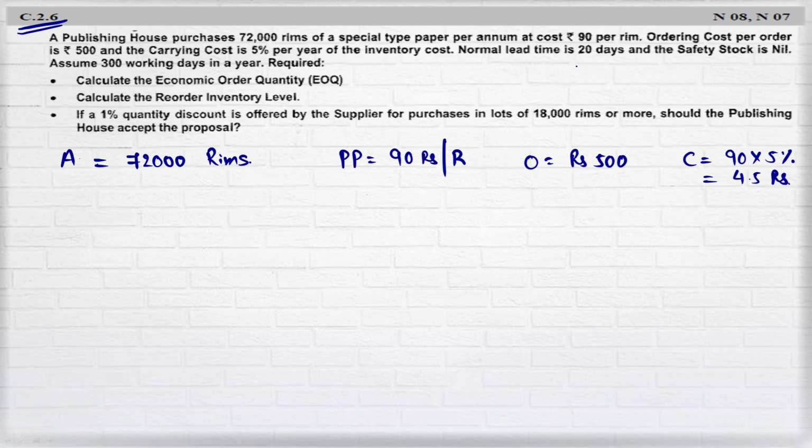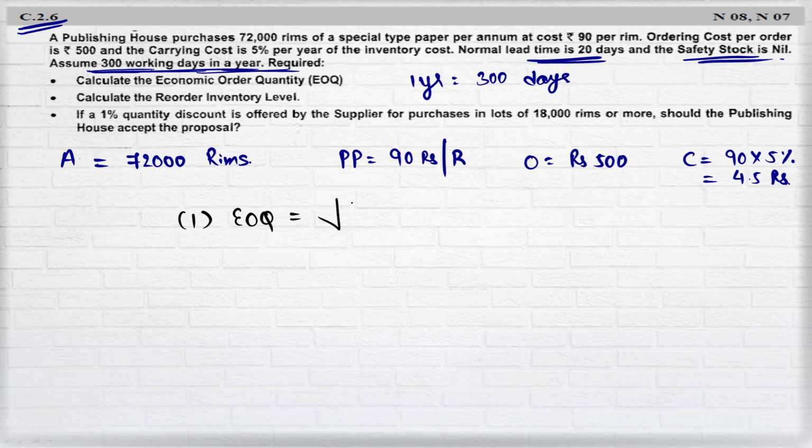The normal lead time is 20 days and the safety stock is nil. Assume 300 working days, so in a year we will be calculating only 300 days. Required: calculate economic ordering quantity. EOQ will be under root 2AO divided by C.